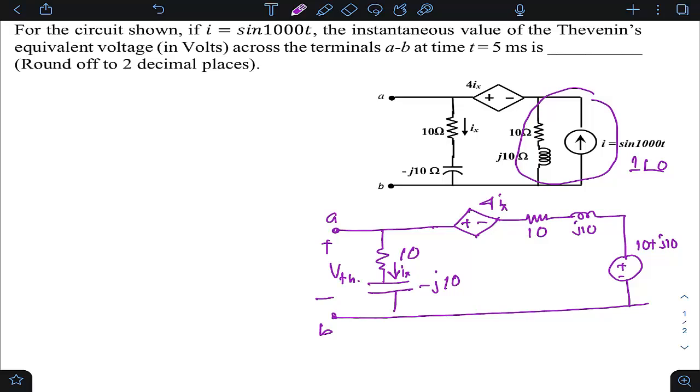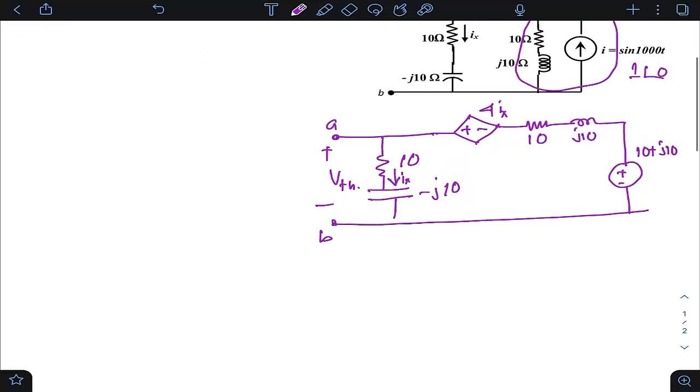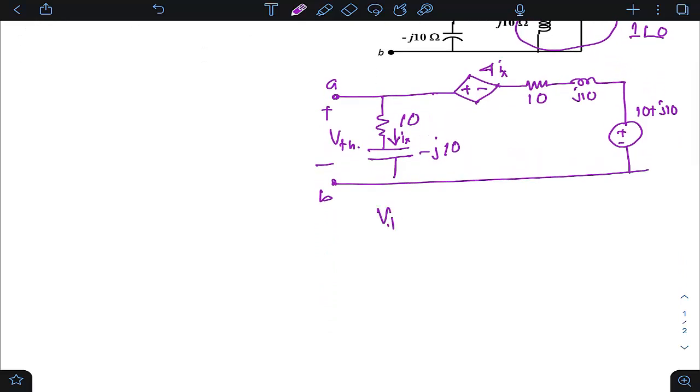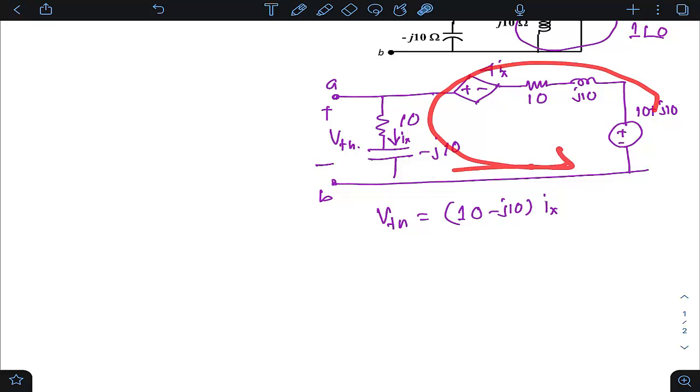So what is the VTH answer then? Your VTH is nothing but 10 minus J10 into Ix, right? This impedance into Ix is this voltage. So you have to get the value of Ix. How do you get Ix? Very simple, we can write a KVL at this mesh and we will get the value of Ix.